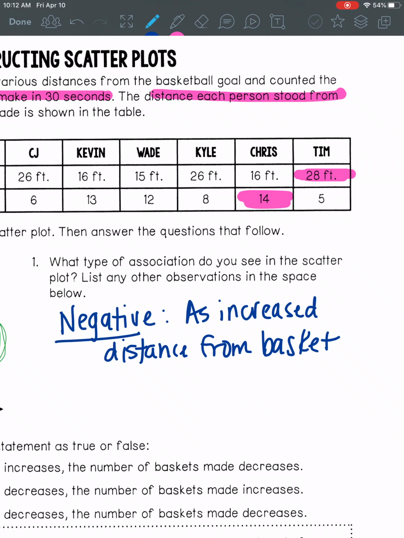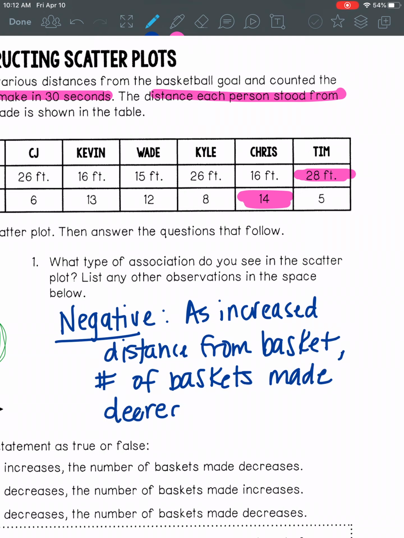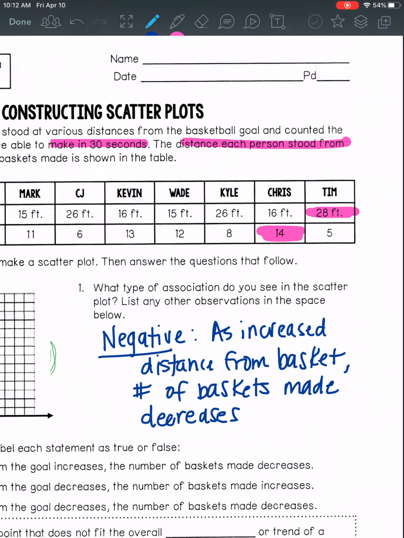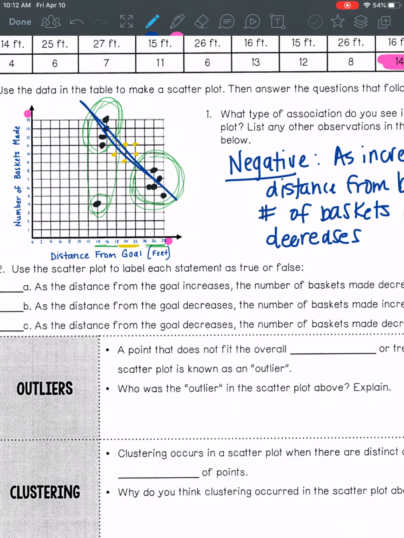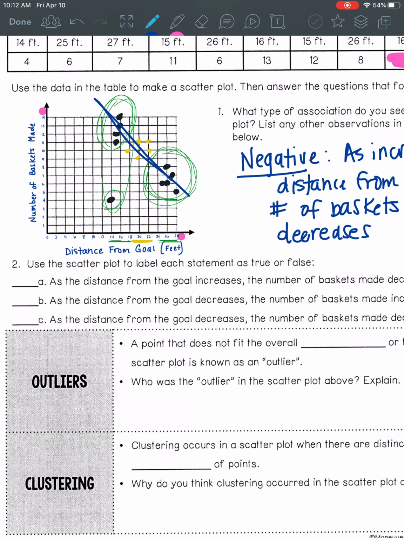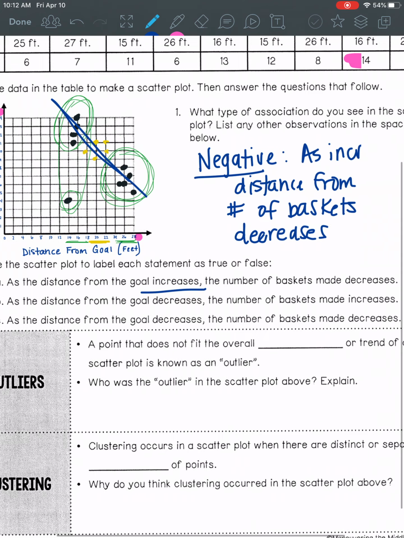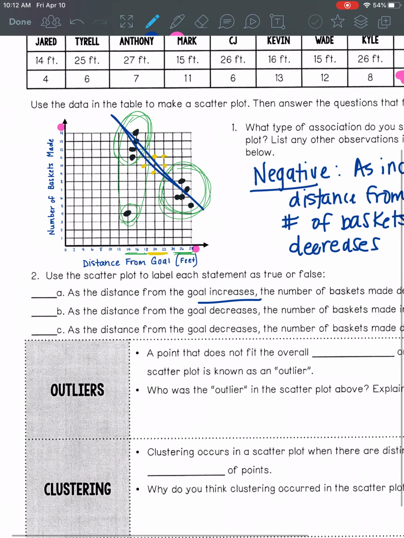So as increased distance from basket, number of baskets made decreases. Okay, oh, look at that, I was a step ahead of myself. So as the distance from the goal increases, the number of baskets made decreases. That is true. That's what we just talked about.